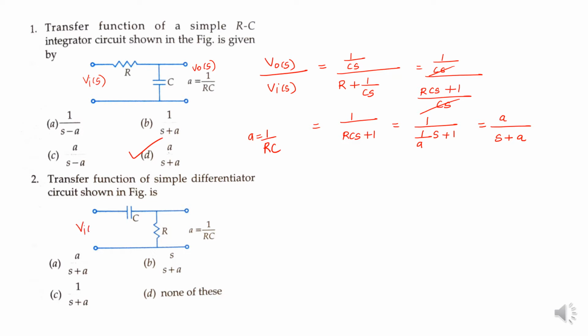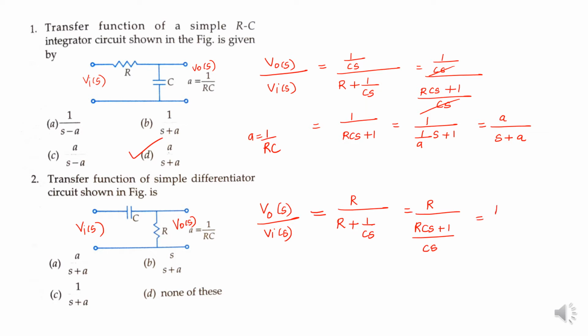Here the input is Vi of S, output V naught of S. I am going to find out the transfer function, that is V naught of S divided by Vi of S, that is equal to R divided by R plus 1 by Cs, that is equal to R divided by RCs plus 1 divided by Cs. RCs divided by RCs plus 1.